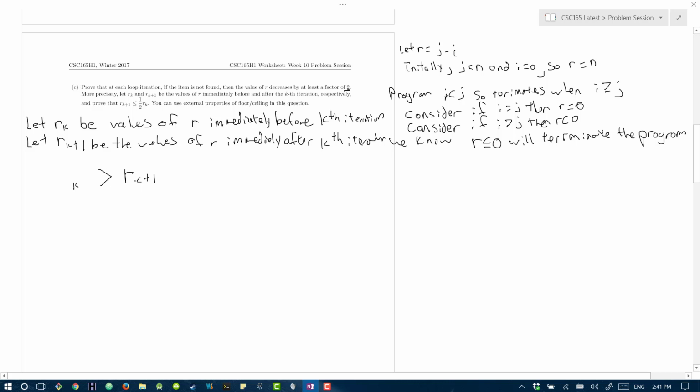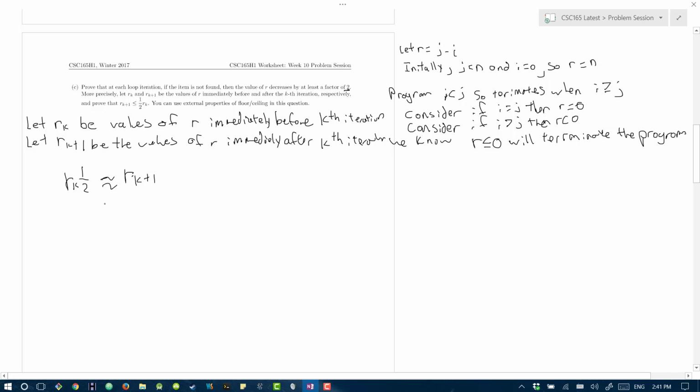This is really the most complicated part of this whole thing. So this one's going to be larger than this one, but by how much? Well, we know, or we consider another way, 1/2. If we multiply this by 1/2, then it's going to be roughly equal to this.